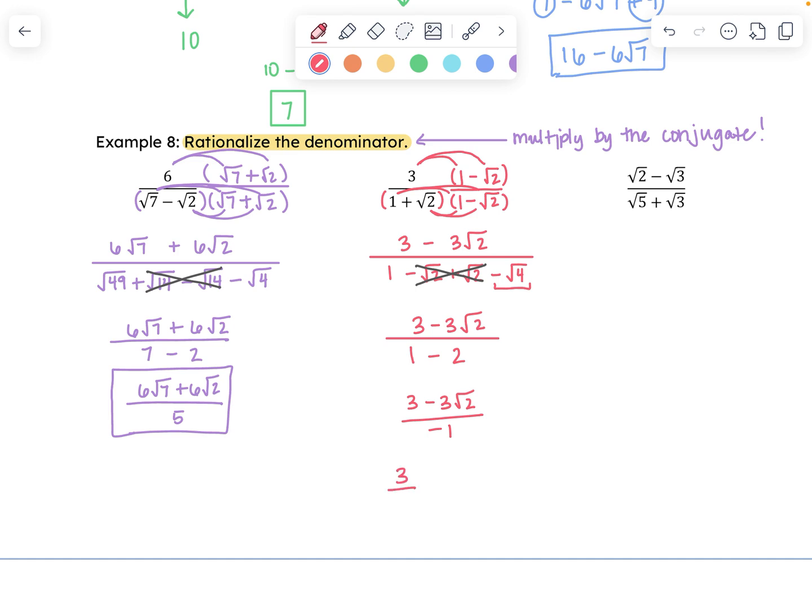So 3 divided by negative 1 minus 3 square root of 2 divided by negative 1. 3 over negative 1 is going to give me negative 3. And then over here, those negatives are going to cancel out. So I get plus 3 square root 2. So if you can divide and simplify, you need to divide and simplify.